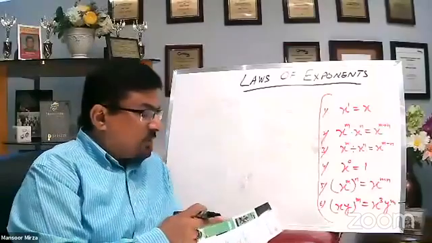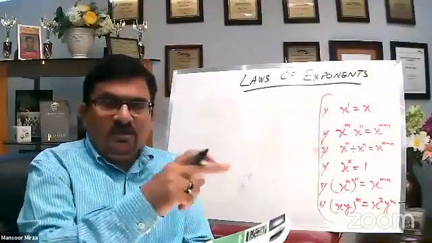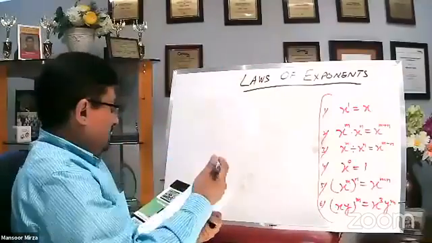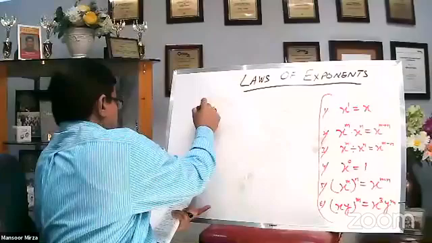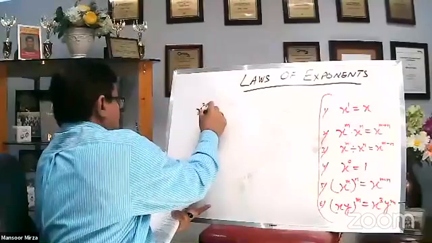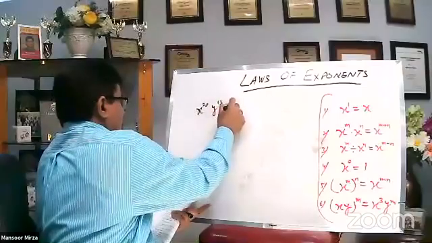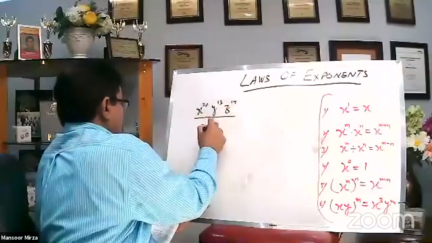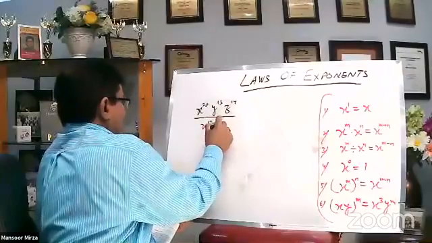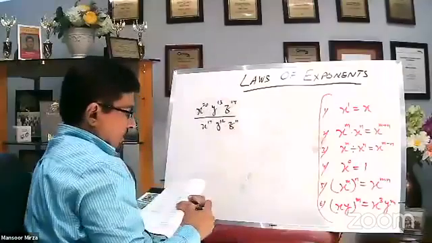In this particular question, basically what they have done, they have utilized different laws from these. So the question is, say, x^20 y^13 z^14 over x^17 y^12 z^11.